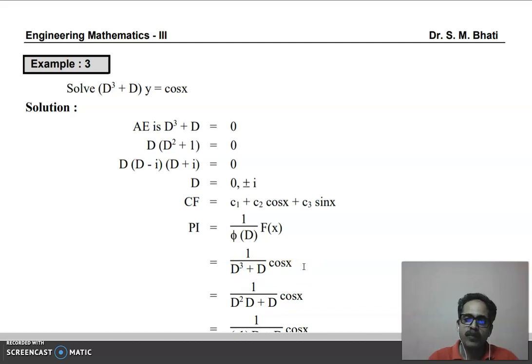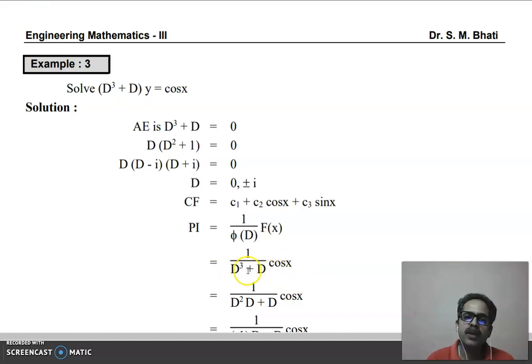That is type 2. a is 1 and b is 0. And you know, in this type you have to replace D square by minus a square. a is 1, so a square became 1 and minus a square became minus 1. That means now we have to replace D square by minus 1.